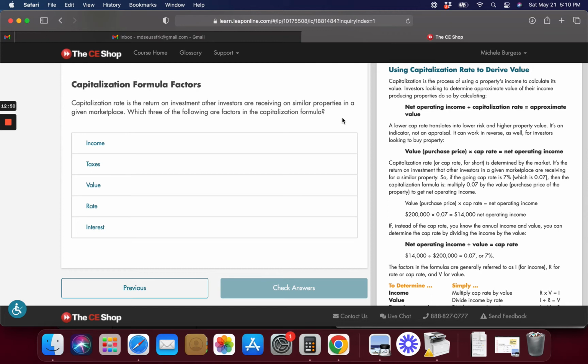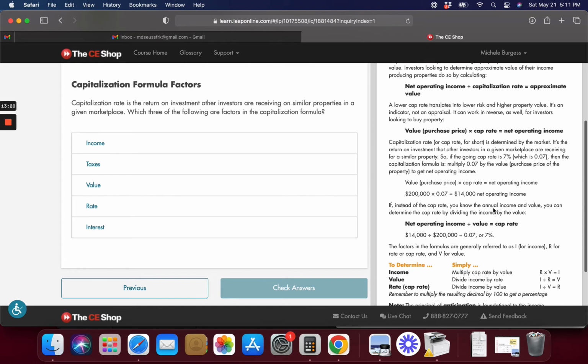Which three of the following are in capitalization? And they have experts on there that can help you figure out whether the investment is worth your money or not. Of course, you're going to have to pay them. They will go through the formula with you. Sometimes they will answer your question for free online or on their podcast.